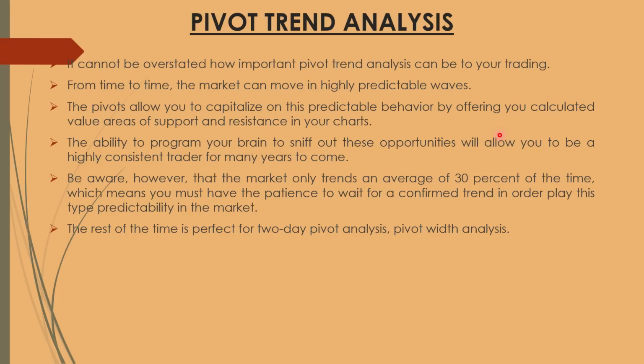Be aware, however, that the market only trends on an average of 30% of the time, which means you must have the patience to wait for a confirmed trend in order to play this type of predictability in the market. The rest of the time is perfect for 2-day pivot analysis and pivot width analysis.